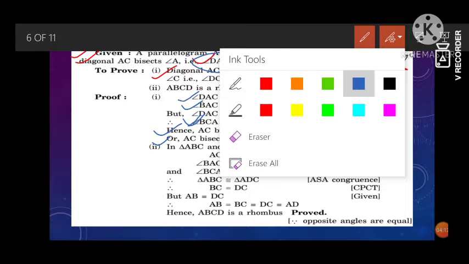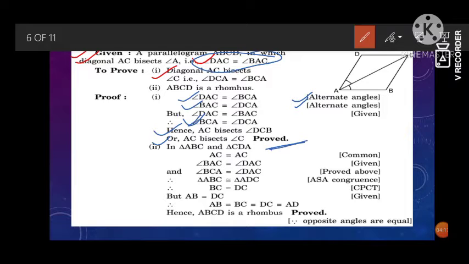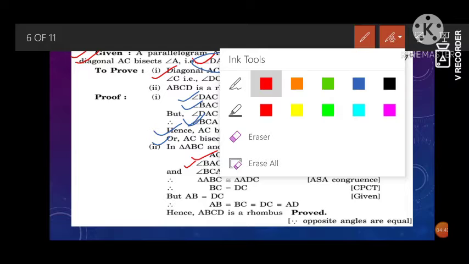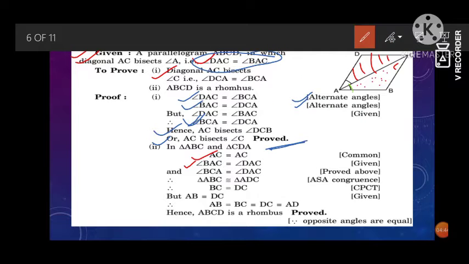Secondly, we have to prove that ABCD is a rhombus. To prove this, we will consider two triangles, triangle ABC and triangle DCA. This is one triangle that we are considering, the shaded and the dotted one. In both, AC is the common side. Angle BAC and angle DAC are equal to each other.